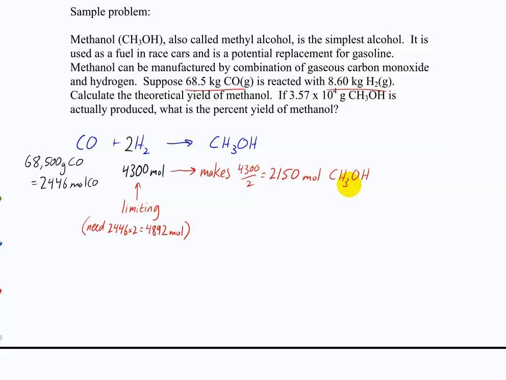So the theoretical yield then is this number, but in grams. This amount, I'm sorry, but in grams. So to get that in grams, we multiply that by the molecular weight of methanol, which is 32 grams per mole. And we get 6.88 times 10 to the 4th grams.